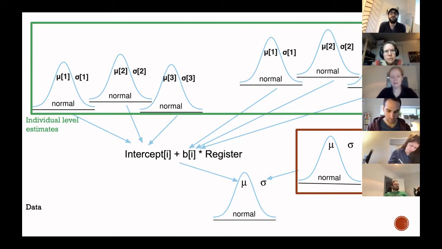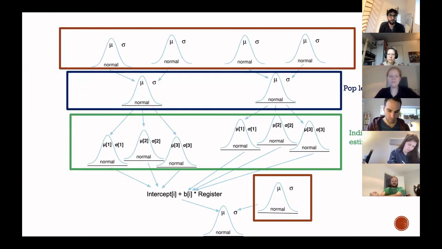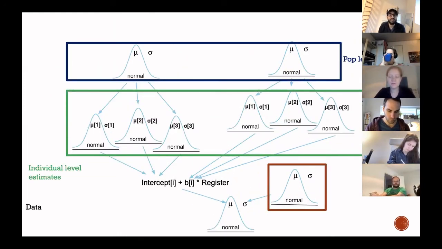But here we want to add already at this stage, when we take the individuals into account, partial pooling. So we are saying that all of these participants are actually belonging to the same population, that they're all part of the same distribution of a population level estimate.